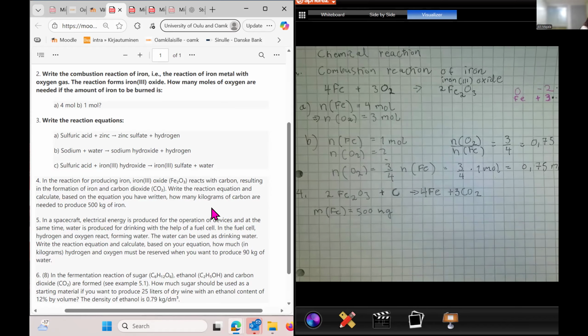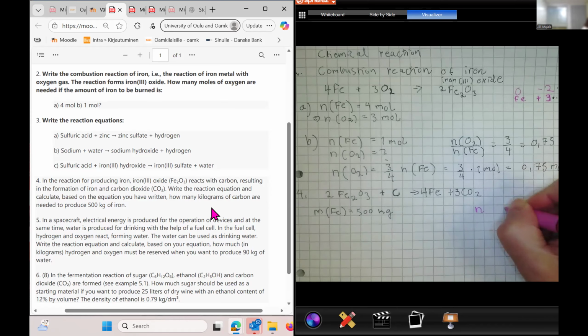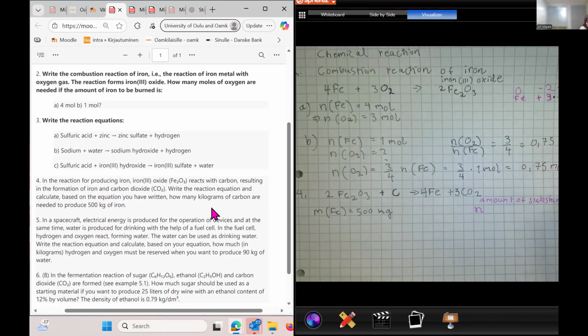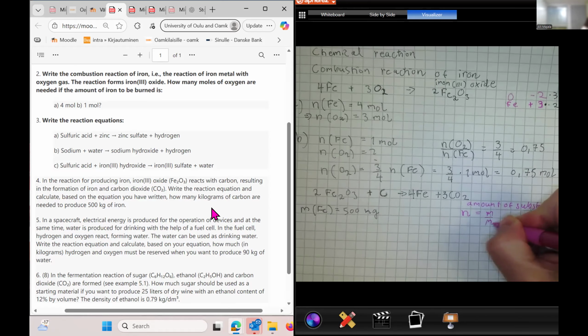The amount of substance was marked as n, and that was the mass per molar mass.